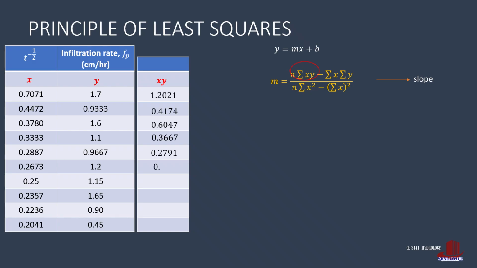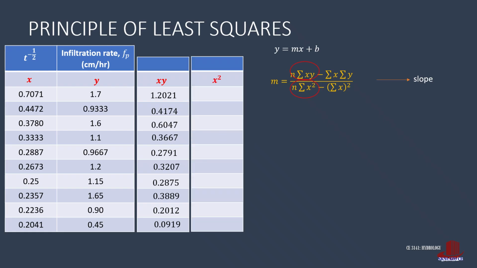So 0.7071 times 1.7 is 1.2021. Then do the same for all the values until we multiply 0.2041 by 0.45, making 0.0919.